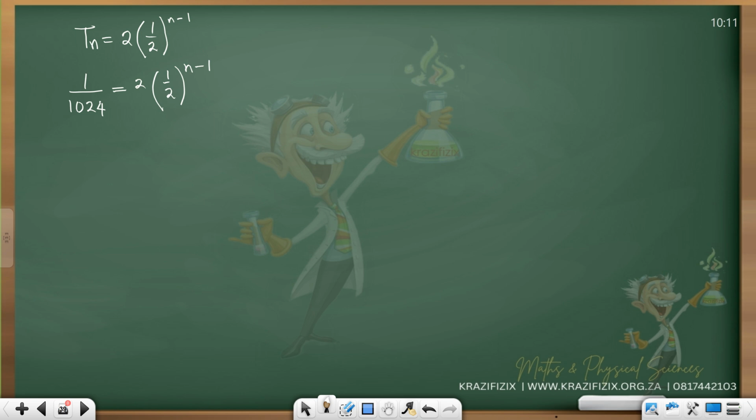If I divide both sides by 2, this would be 1 over 2048. Do we agree with that? You can use your calculator to confirm. And then what do we do now?